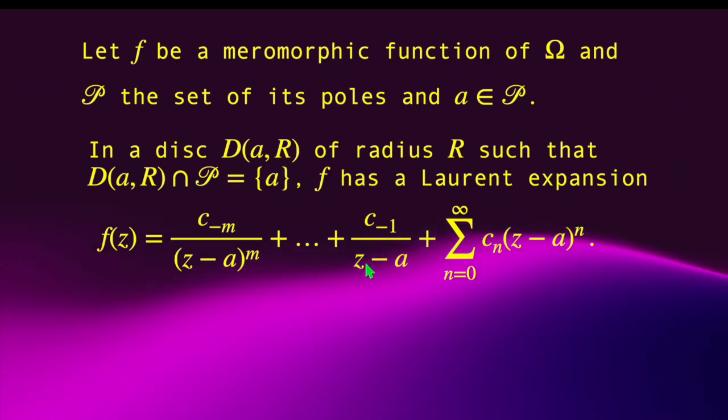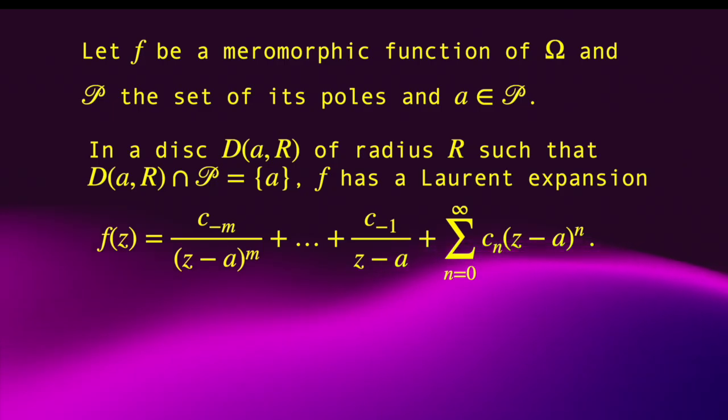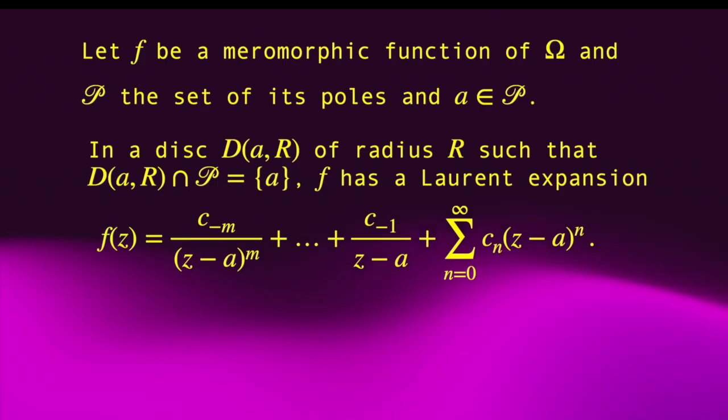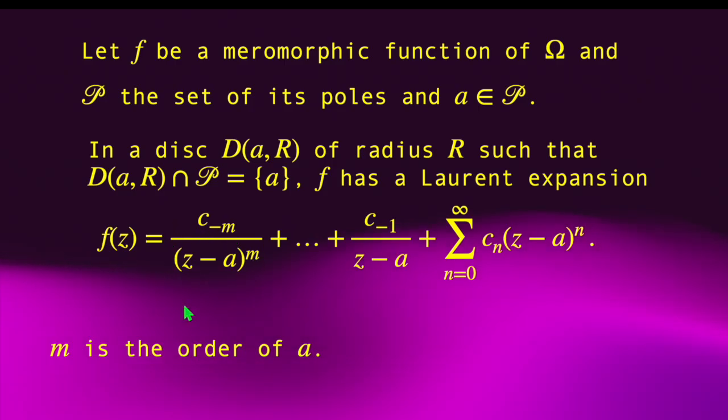So meromorphic functions are functions which have singularities, but singularities which we can control. And here M is the order of the pole a.